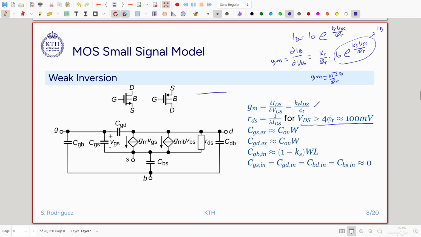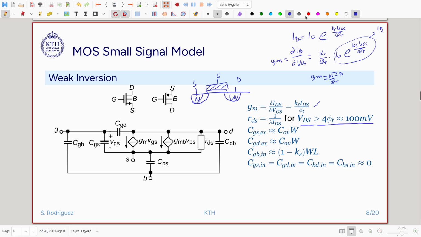We draw the transistor very quickly again. We have the N regions, source, gate, and drain, and there will be some overlap on the regions.